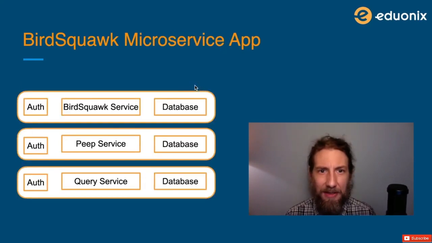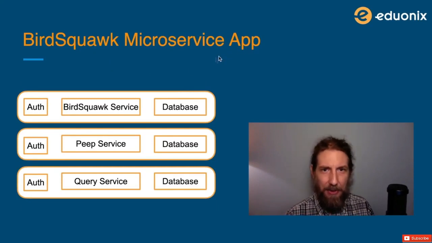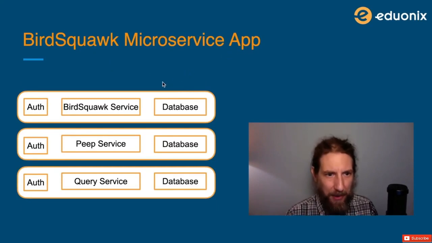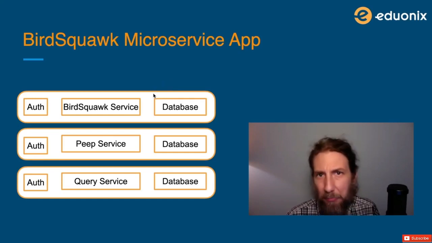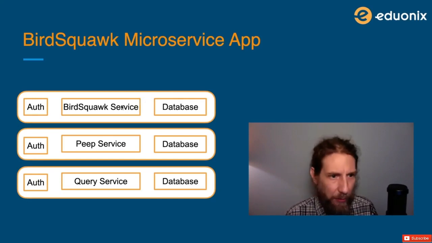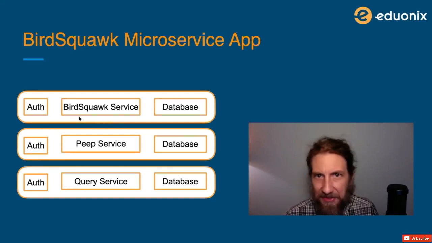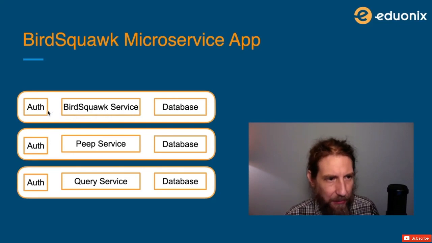So instead, we're going to build the Bird Squawk microservice app. And a microservice app is built with each service being completely independent. It has to be a standalone service, so it needs everything that's required to function within the service so it can stand alone. The Bird Squawk service is going to need its own authorization middleware and its own database.